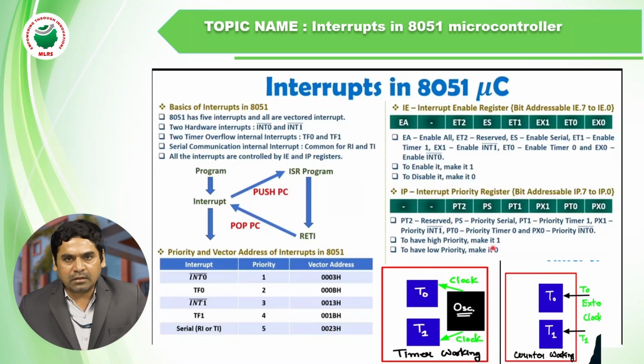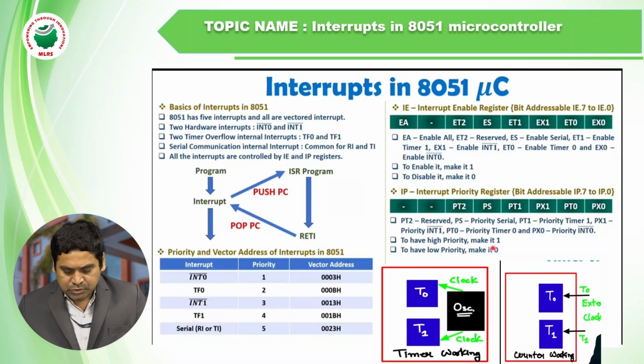The last priority, the fifth, is either TI or RI, which is also a software interrupt, and its vector address is 0023H. Here H represents hexadecimal notation.